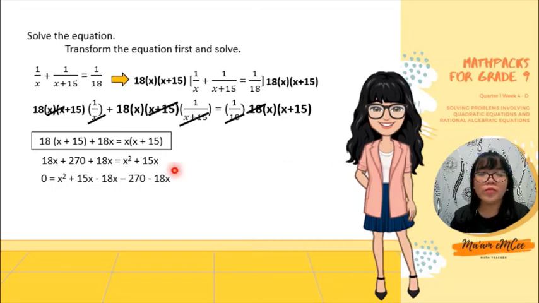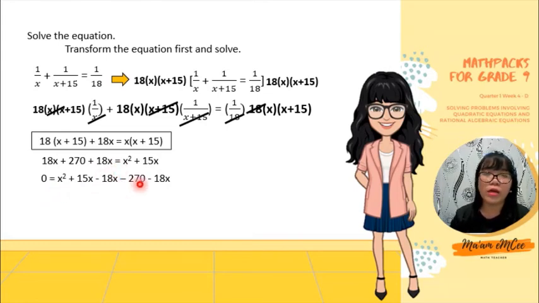Then, we express this equation into standard form. Again, we transpose every non-zero term from the left side of the equation going to the right side. So, we copy on the right side x squared. We copy 15x from this side of the equation. Nothing will change on the signs because they are still on the right side of the equation.